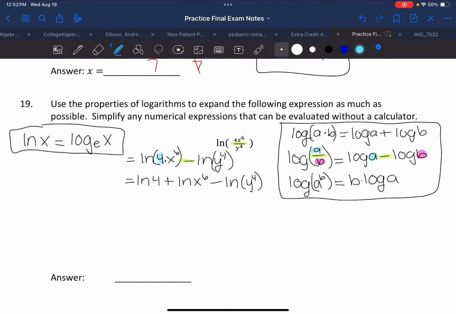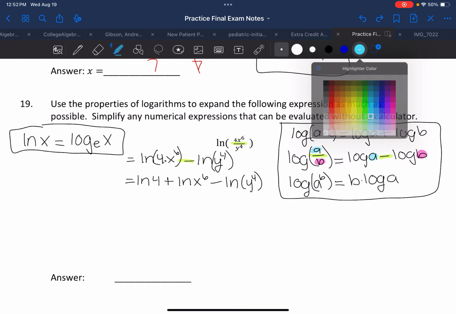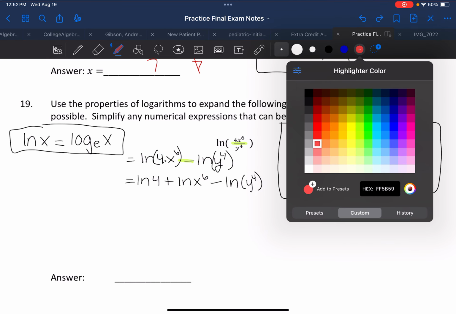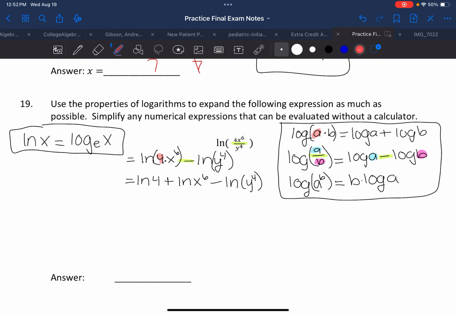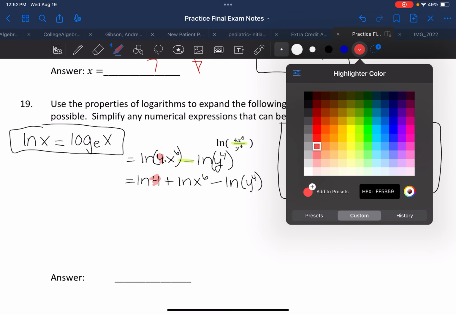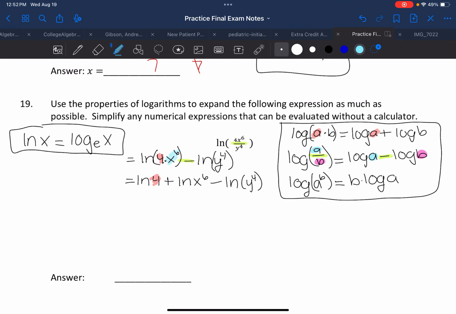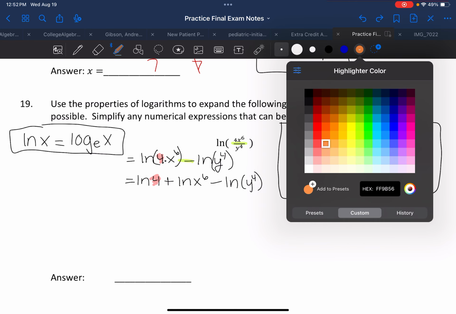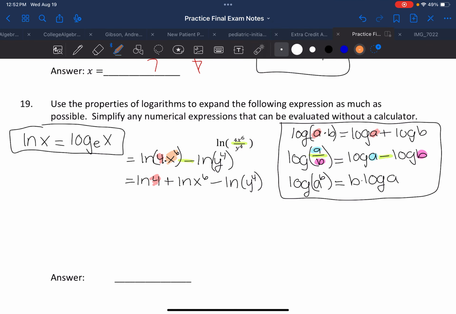Of the 4, let me use a different color here. The 4 should be my a, so that is contained in the first ln, and then the x to the 6th, which is my second factor, so that gets contained in the second summation, second term.